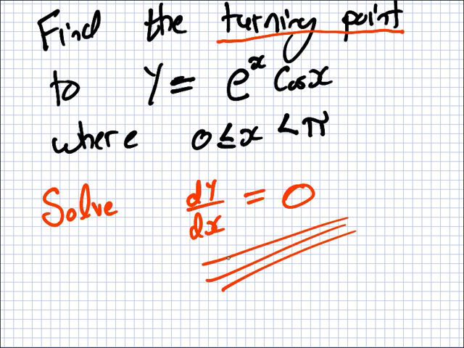Pi over 4. Pi over 4 is 45. Still? Here. Oh, yeah.